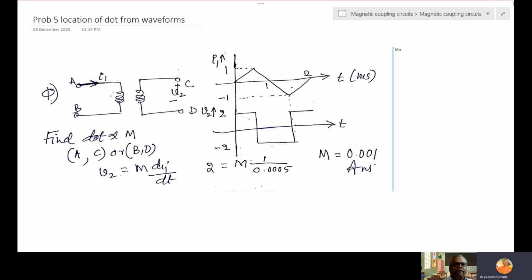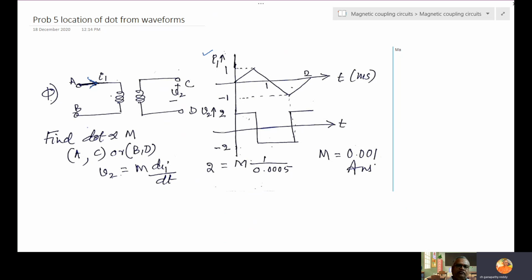There is another problem: location of dot from the waveforms. Here the transformer is given, but the dots are not given, so we have to find the dot with the help of waveforms. Here I1 waveform is given, a triangular wave, and V2 waveform also given, a square wave.